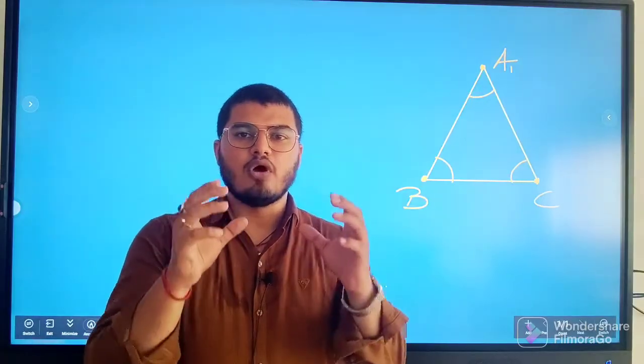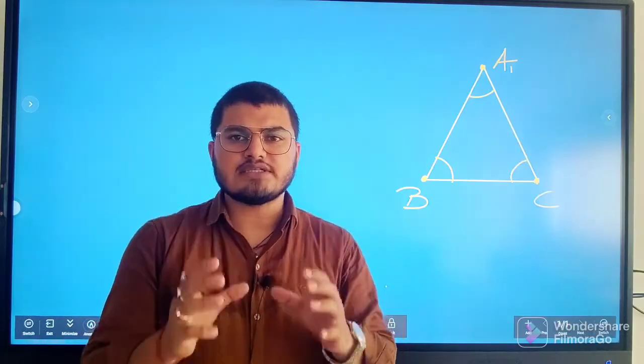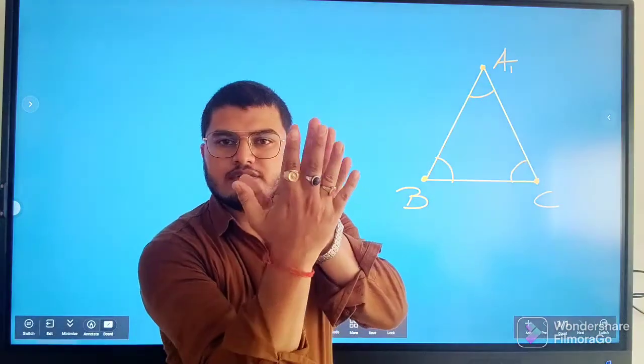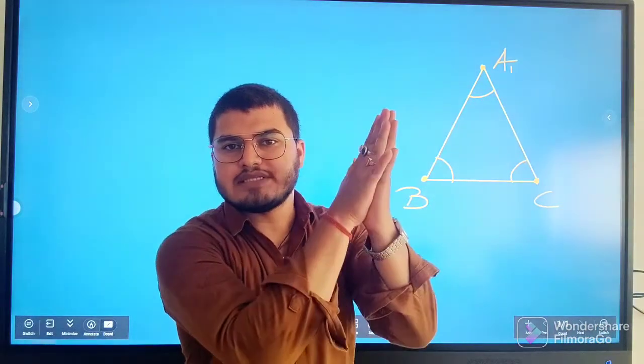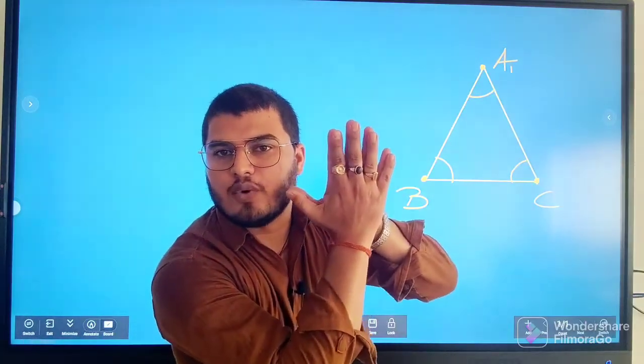Equal means in all respects, their shape, their size, everything. They are such that if one object is kept over the other object, they just overlap one another. None of them is bigger and none of them is smaller. That's the meaning of congruent.